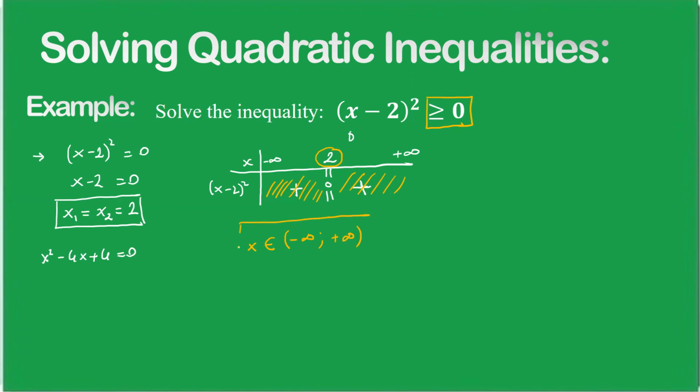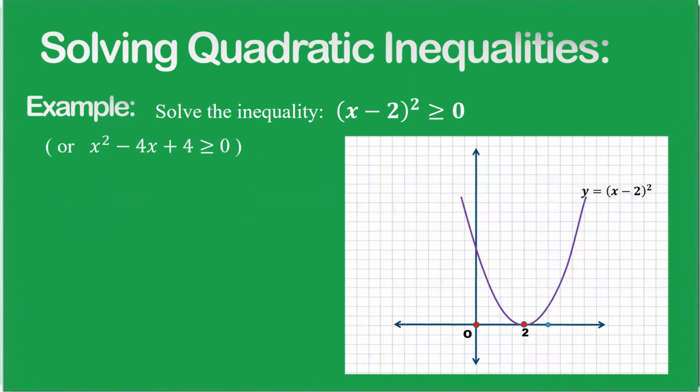Let's see this one with a graph. Let's remember the graph of (x minus 2) squared. So this one is the (x minus 2) squared graph, and its vertex is, you know, x is equal to 2. This point is the critical point of the inequality.